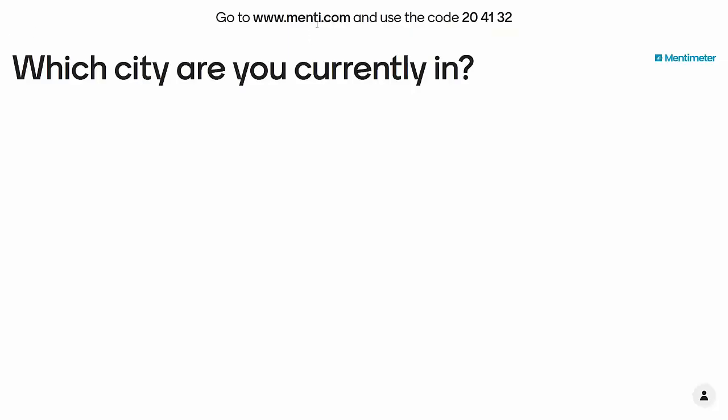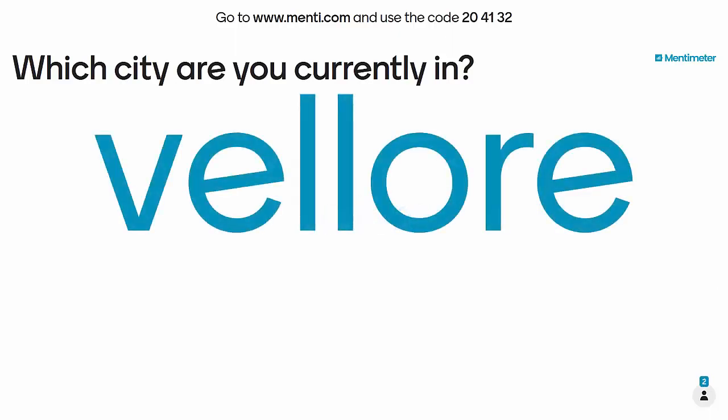If you have another screen, or you can use your phone, go to this website, www.menti.com, that you can see on my screen, and use the code 204132. It should bring up this question on your screen, and then start answering that for me. Just use one word and say which city you're currently in. Okay.